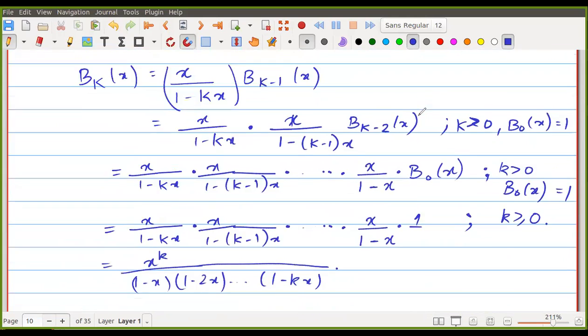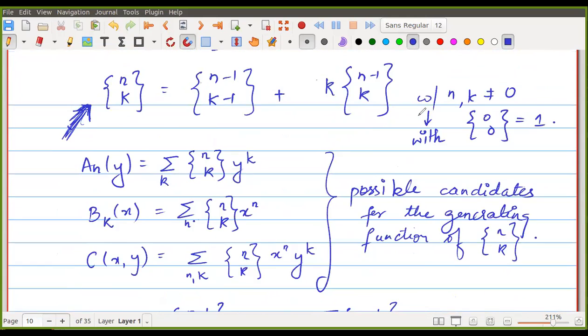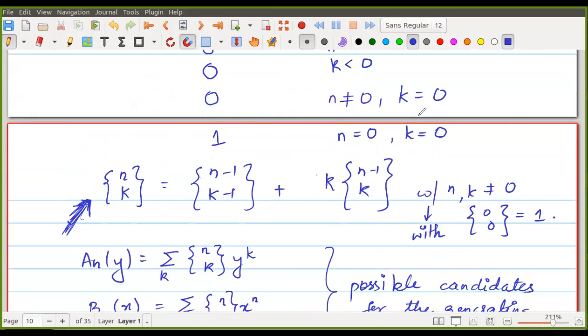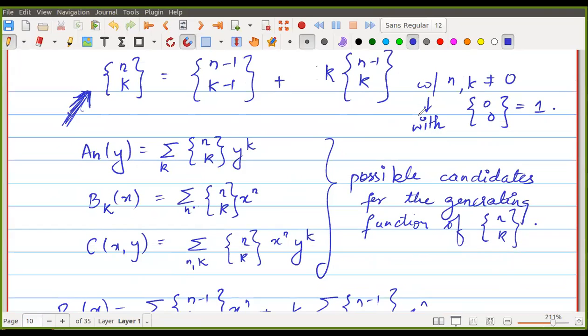Yeah, for this example only we had taken, if I'm not wrong. Here you see, these were the possible candidates. This was one particular generating function which dealt with 2 variables, and these were 2 single variable ones, taking one particular aspect as constant, right? Recall this particular example?